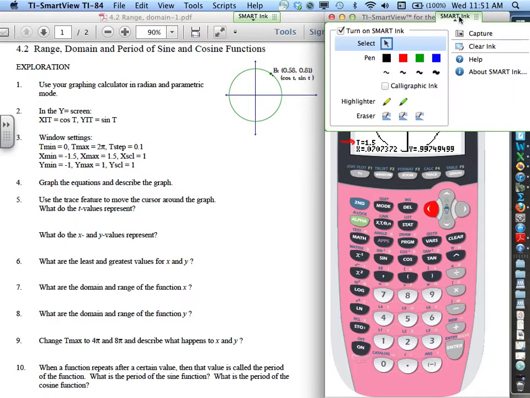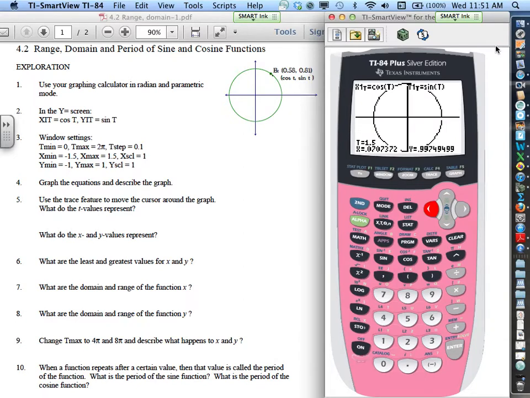Let's keep scrolling and see if we find something interesting. We keep scrolling around here. Let's stop at 180 degrees. All right, that's pretty close to 180 degrees. That's on the other side of 180 degrees. 180 degrees is pi, which is about 3.14, and our t value is about 3.1.